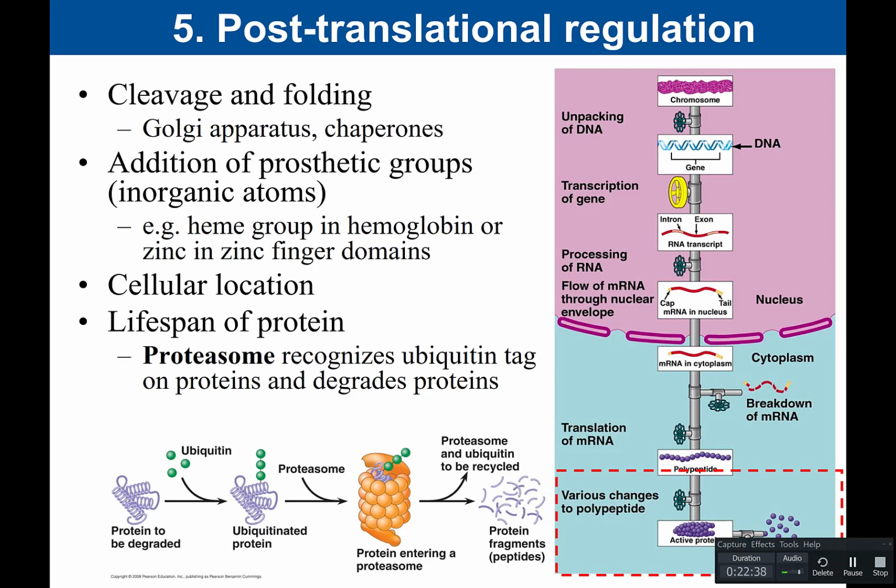Another way that proteins are regulated post-translationally would be the addition of these prosthetic groups, these inorganic atoms that have to be added to a protein to make the protein active. For example, hemoglobin. That is the protein in your red blood cells that is going to bind to oxygen, pick up oxygen, and then carry the oxygen through the blood to drop off oxygen at your tissues.